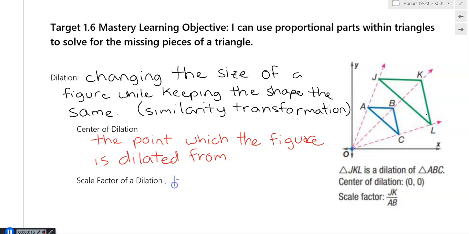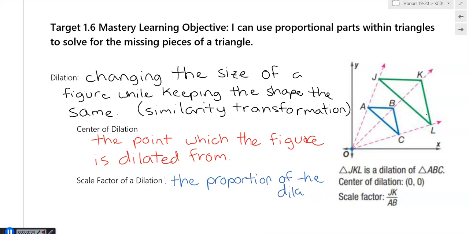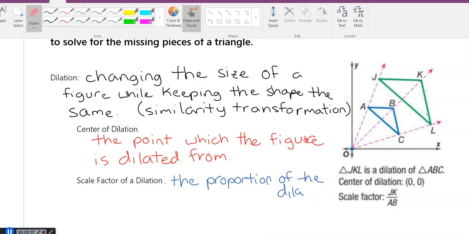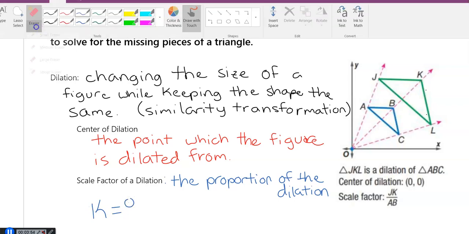Remember, it's that proportion. K equals, and it's the new over old.